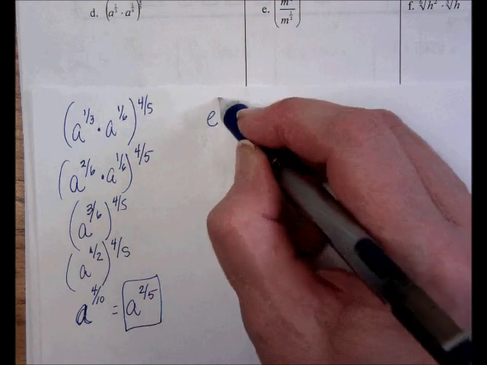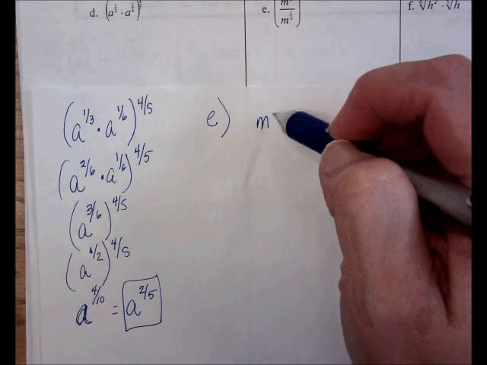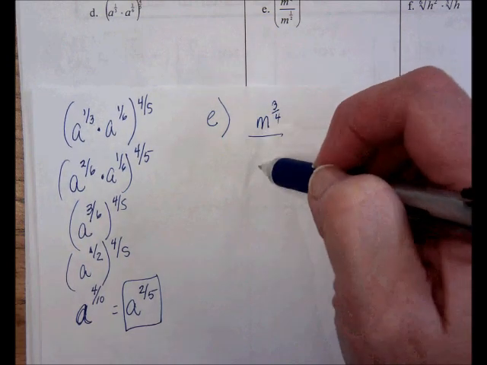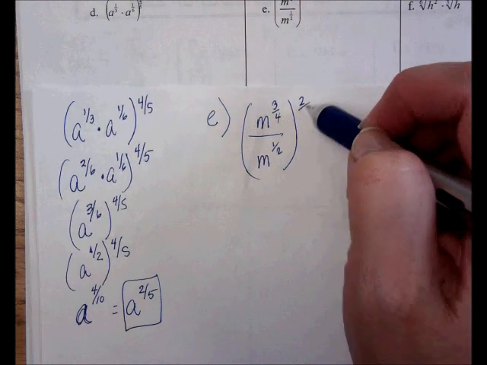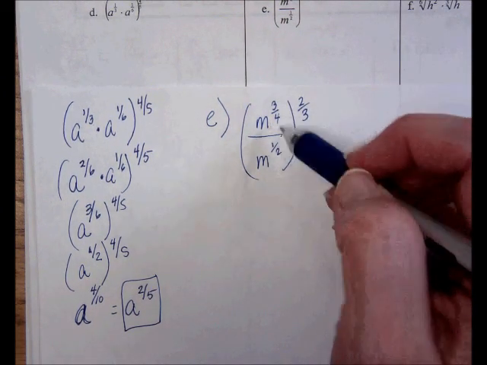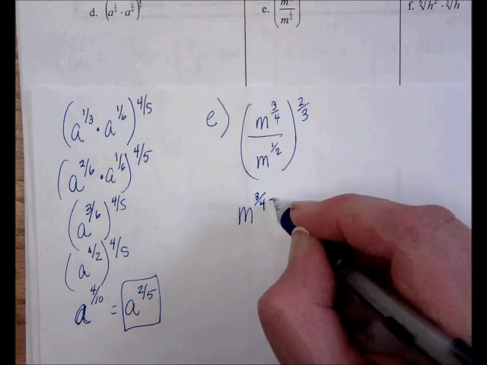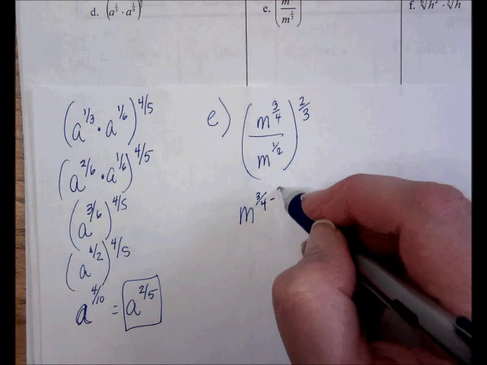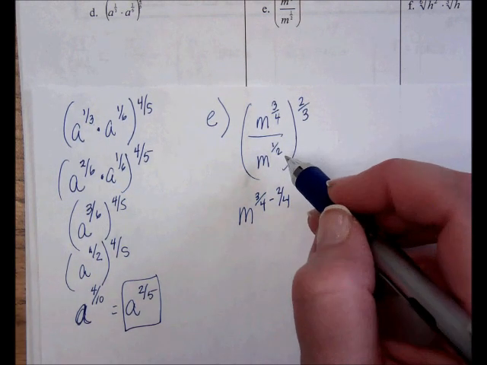Looking at E, I have m to the 3/4 divided by m to the 1/2, and I'm going to take all of that to the 2/3 power. So here I'm going to subtract my exponents because I'm dividing. So I have m to the 3/4 minus 2/4, because I'm going to go ahead and make that 1/2 into 2/4.